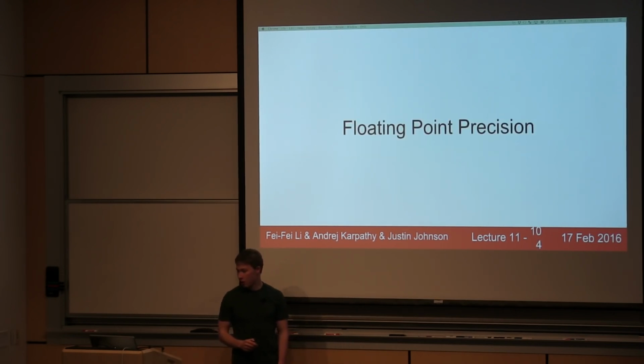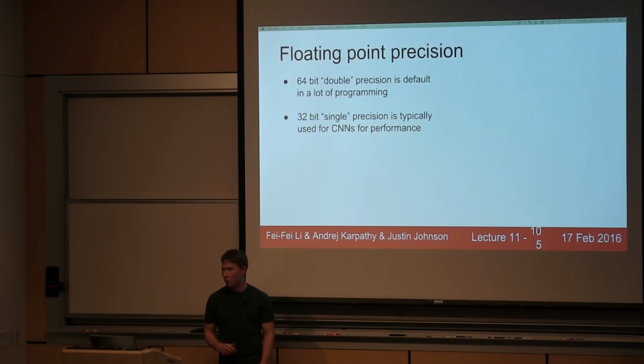Another thing we should talk about is floating point precision. When I'm writing code, a lot of times I like to imagine that these things are just real numbers and they just work. But in practice, that's not true, and you need to think about how many bits of floating point you are using. A lot of numeric code you might write uses double precision by default, which is 64 bits.